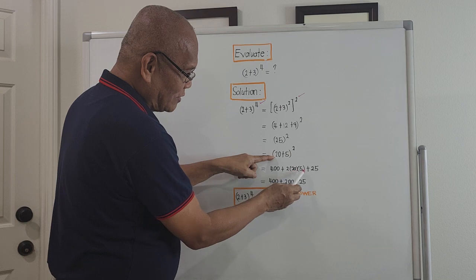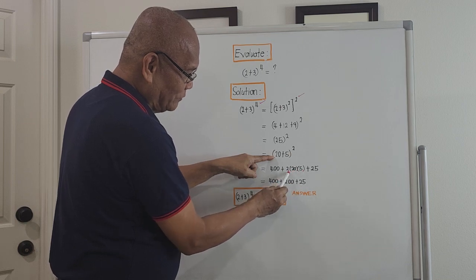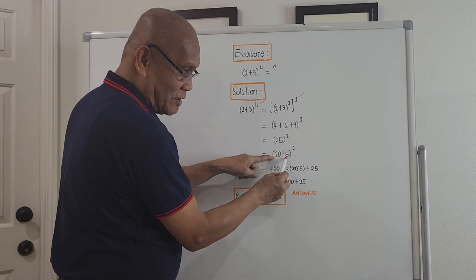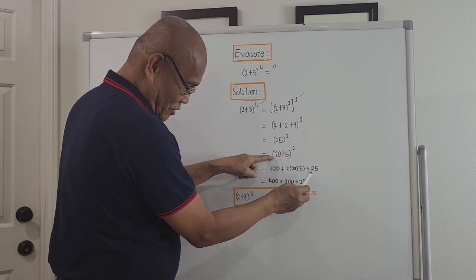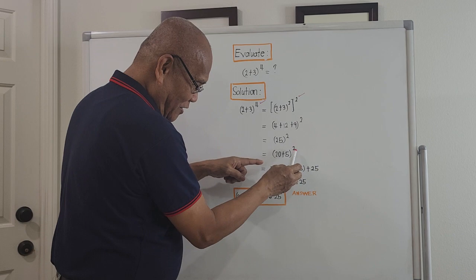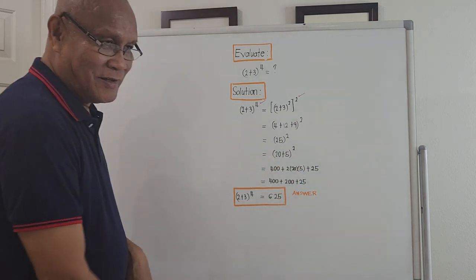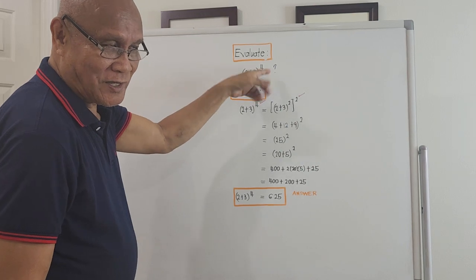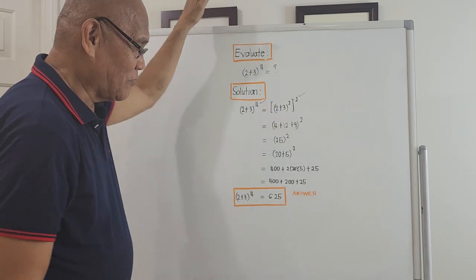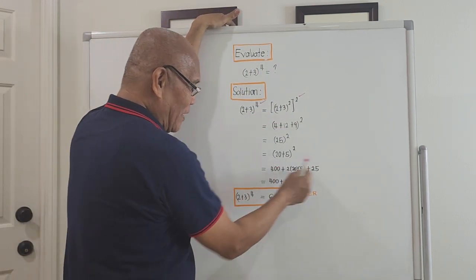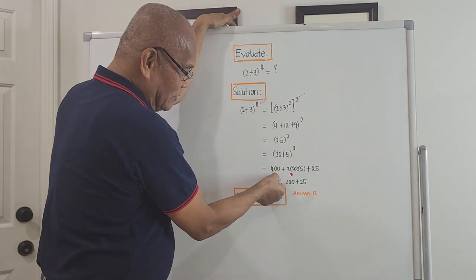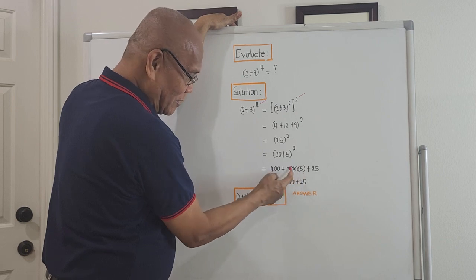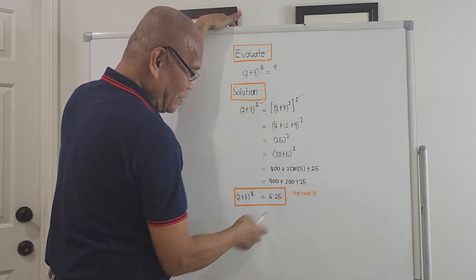And the last part is the square of the last term, which is 25. So we are done with the squaring, and we eliminated the fourth power as initially given by the problem. Simplifying this, 20 times 5 is 100, times 2, that will be 200, plus 25.